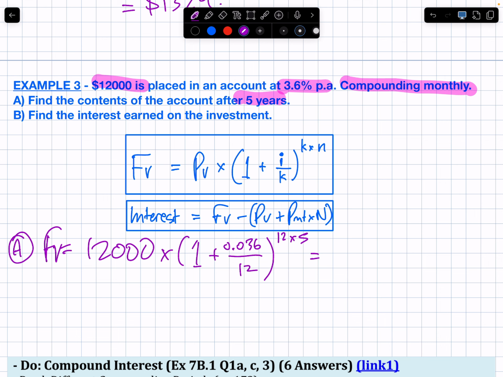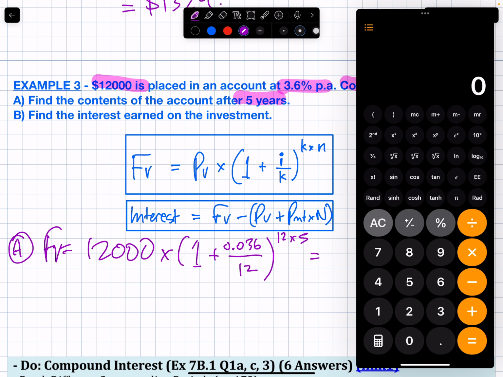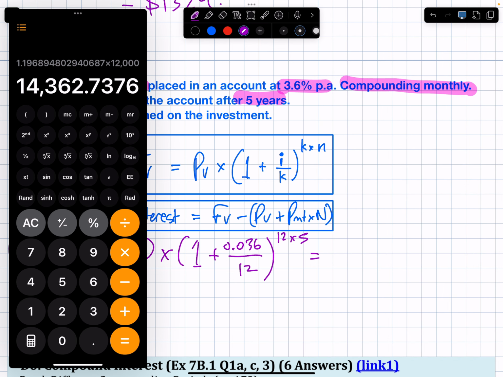So, calculator. This is going to be a nicer chunk. 0.036 divided by 12. Handle the fraction. Add 1 to it. Raise it to the power of 60. Times that by 12,000. 14362.74 to 2 decimal points.